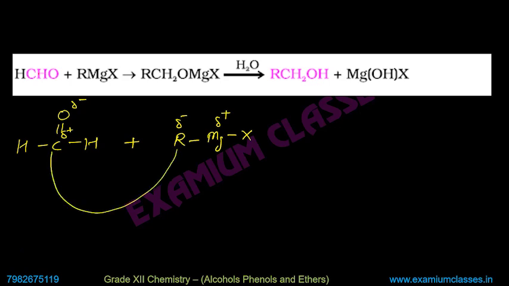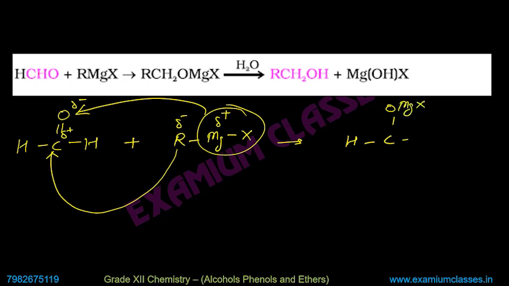R will get attached here, and MgX will get attached on this oxygen. So what you will get? You will get HCOMgX, and here it will be HR. Now this H was already there.